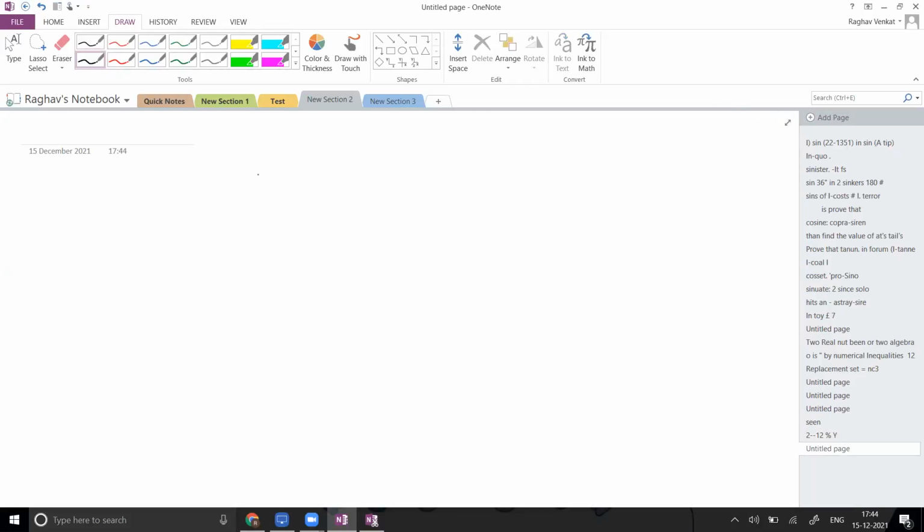Suppose I am saying 2 is less than 4. First condition: if I am adding any number, add plus 2 on both sides. Four less than 6. It doesn't affect the inequality.